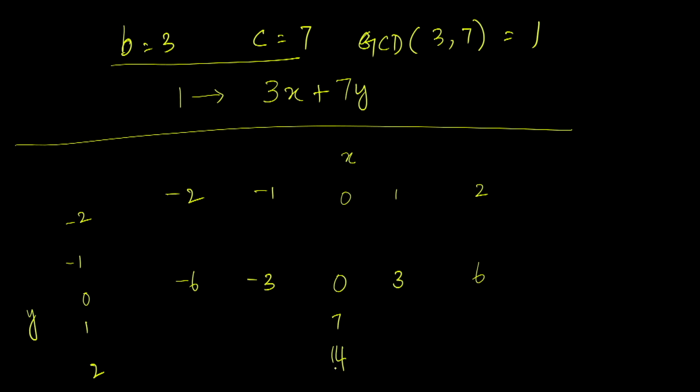When x is 0, y is 2, we have 14. In the other direction, we have minus 7 and minus 14. Here we have 10 and 17.